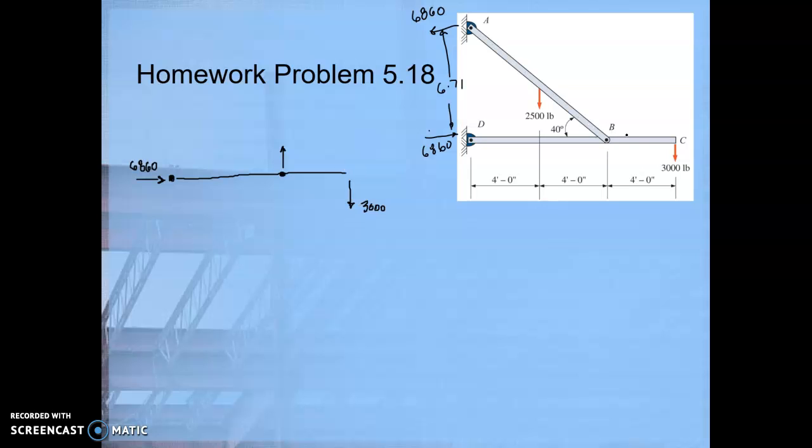This diagonal brace, that's really its function, is to hold up the horizontal member. And then we also had this vertical reaction here that was unknown.